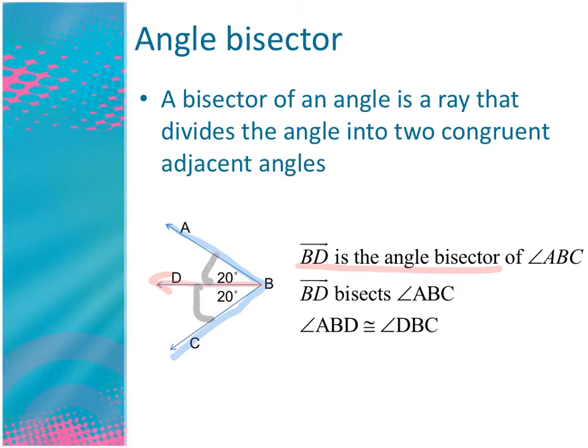Now, you can either tell that something's been bisected by they might have the congruency marks, or they might actually also tell you how big each angle is. As soon as you see that you have the same number or the same marking, then you know that the big blue angle, ABC, was bisected.